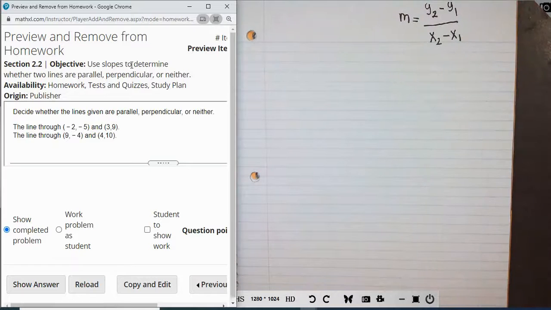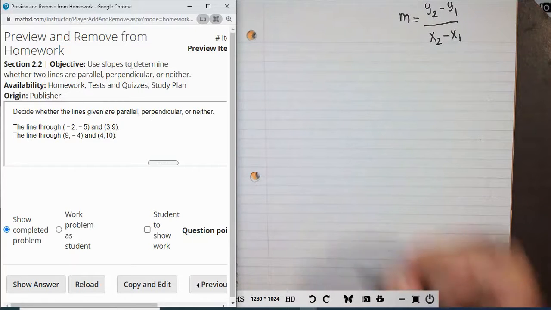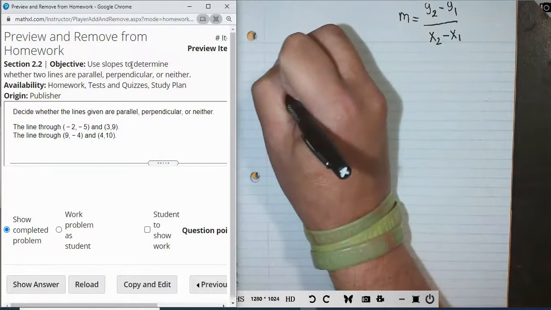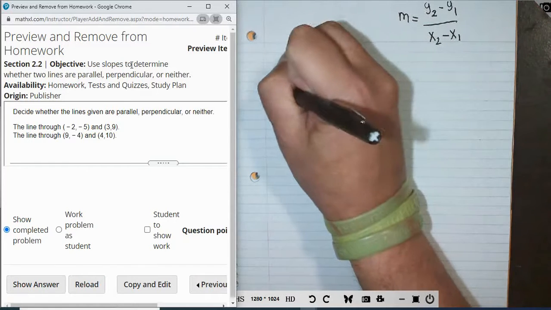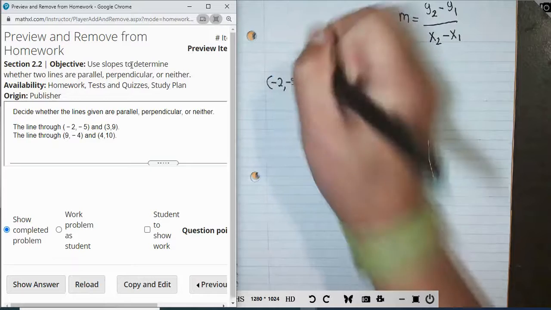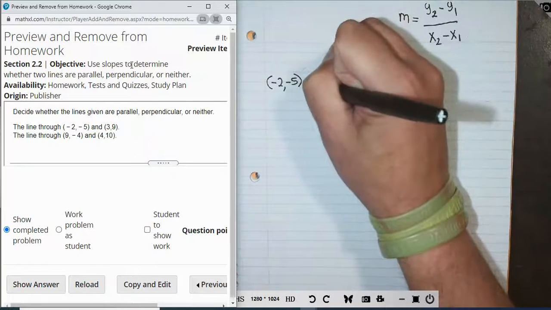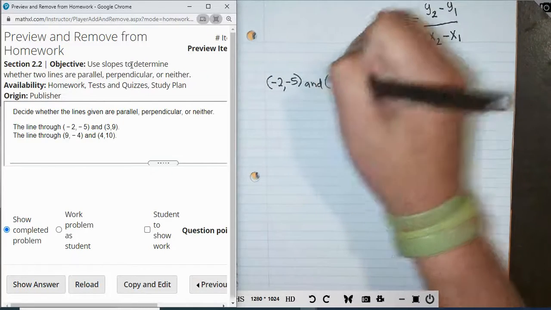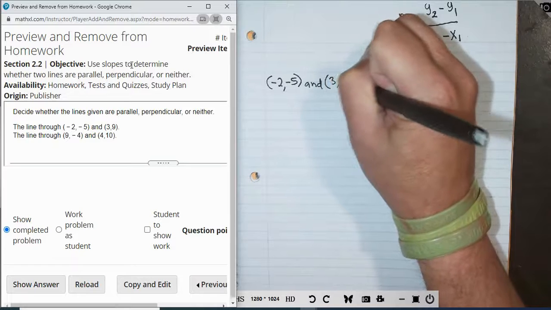All right. So what we're going to do here is look at the line that passes through the points negative 2, 5 and 3, 9.